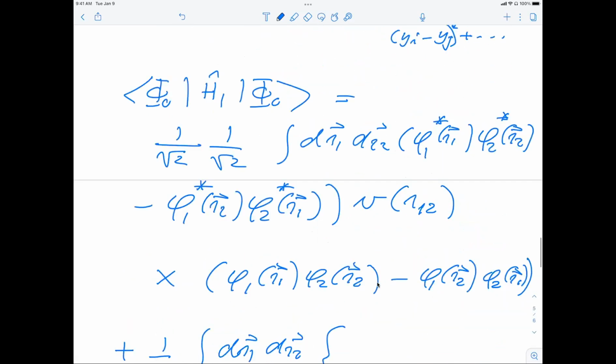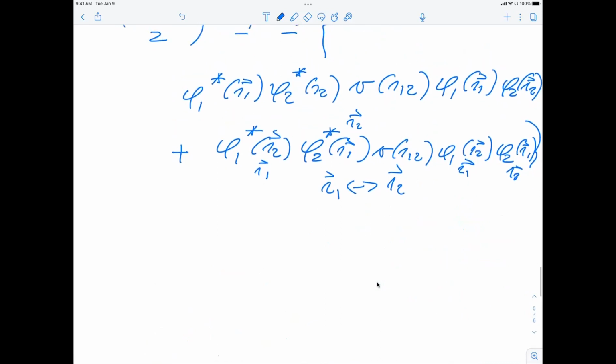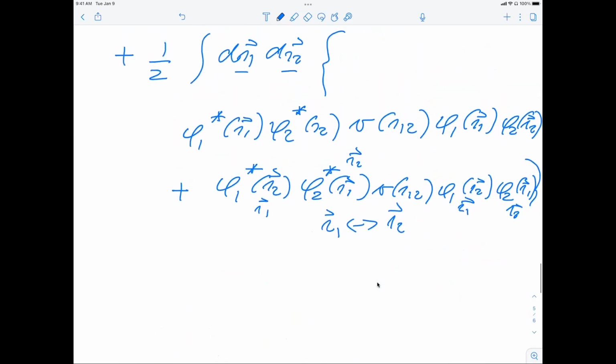So experimentally, and some of these experiments have been pretty ingenious, there is no sign of that. So we can assume then that what we did here, since this potential depends only on the relative distance and the absolute value of it, then just by interchanging the variables, we have two equal terms.